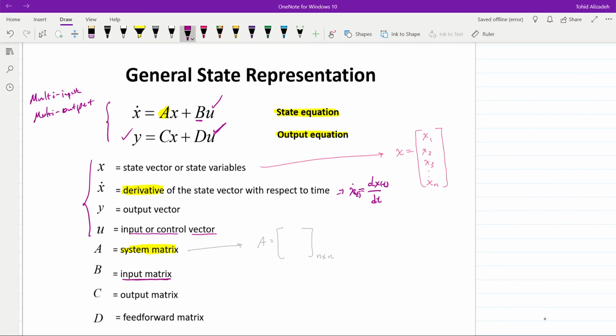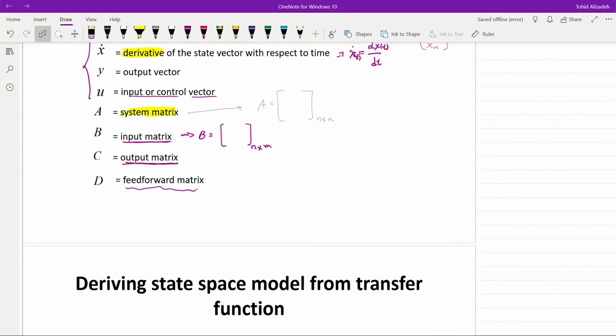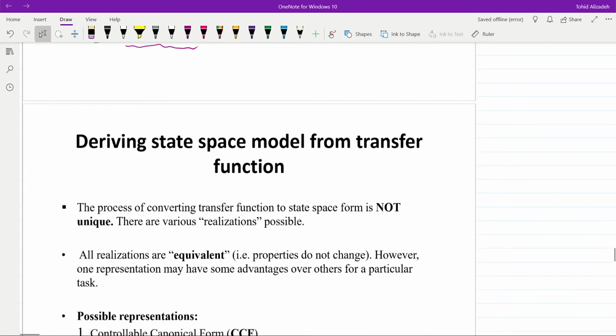Its size will depend on the number of the states, so it will be n rows by m, where m would be the number of the inputs. If m is equal to 1, then it will be in the form of a vector. C is called the output matrix, and D is called the feed-forward matrix because it shows the direct path between the input and the output. They might be in the form of a complete matrix or a vector depending on the number of the inputs and outputs.